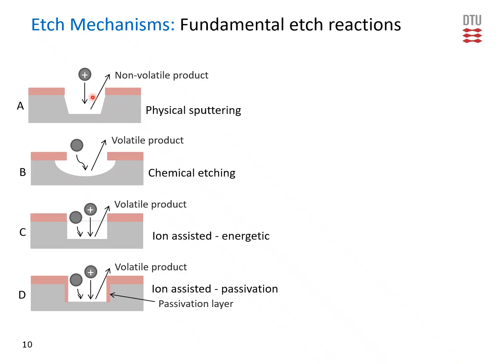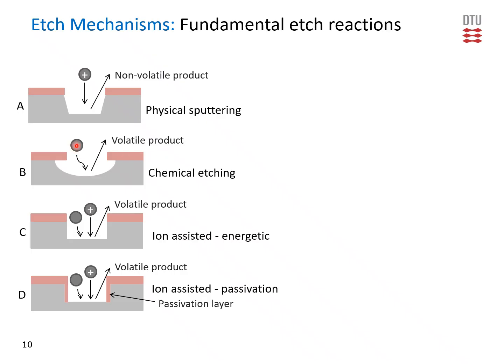This will leave redeposition both on the sidewalls and on all other surfaces, on your sample and in the chamber. This makes the profile here a little bit tilted. Then there's a second reaction mechanism, which is the chemical etching.